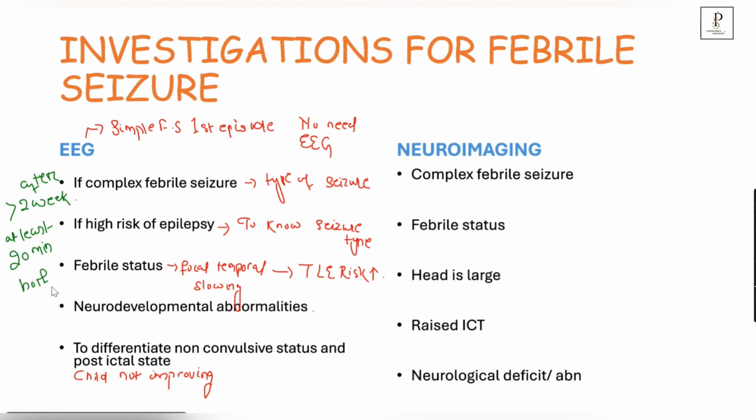Both sleep EEG and awake EEG should be done. One exception is febrile status. If you think it is febrile status, then it is an emergency condition. You cannot wait for 2 weeks. You have to do EEG within 48 to 72 hours.